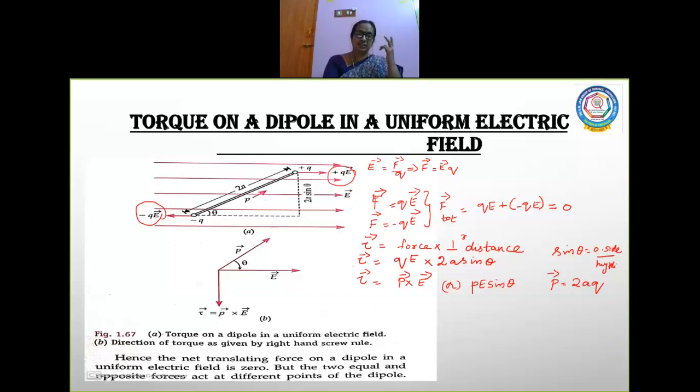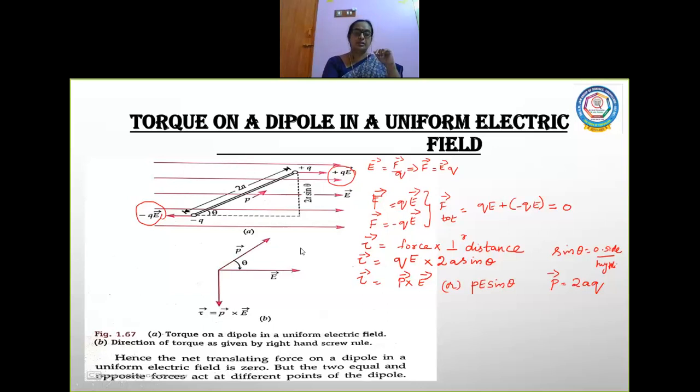And what will be the direction? The magnitude value is P sine theta, I said. What will be the direction? The direction will be into the paper. Look at the direction. Actually, this is the direction of torque. Now here, the vector is moving from P to E. And here, look at the direction. The dipole will try to align in the direction of the electric field.